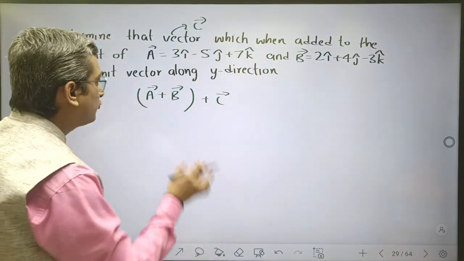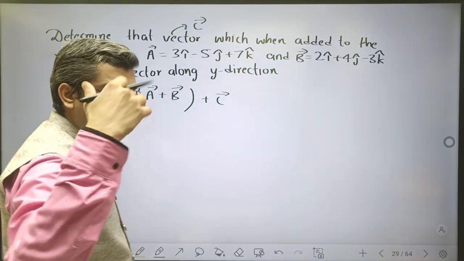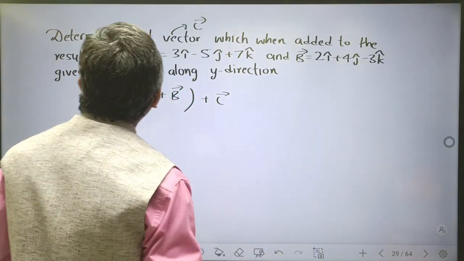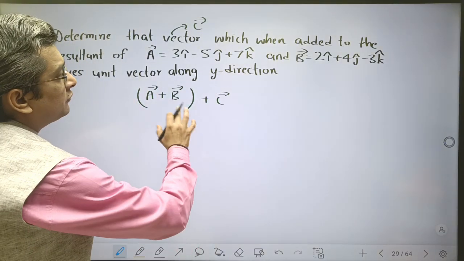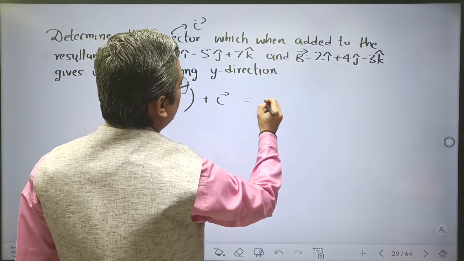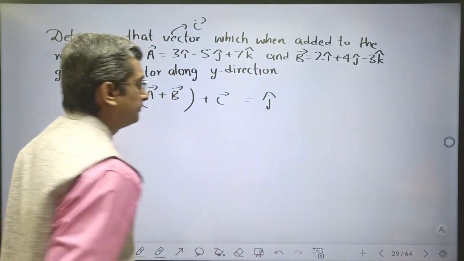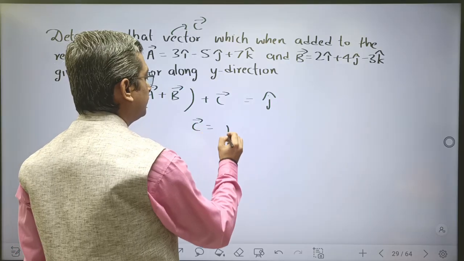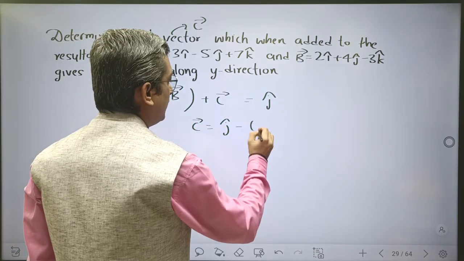It means first you have to add A plus B, and whatever resultant you get, add that resultant to the C vector. After adding these, it gives the unit vector along the y-axis, and the unit vector along the y-axis is j cap. So we have to find C vector. So the C vector is given by j cap minus A plus B.